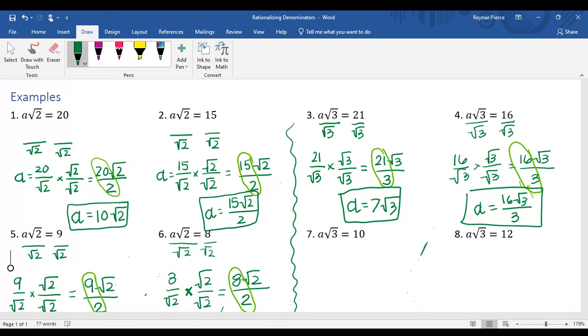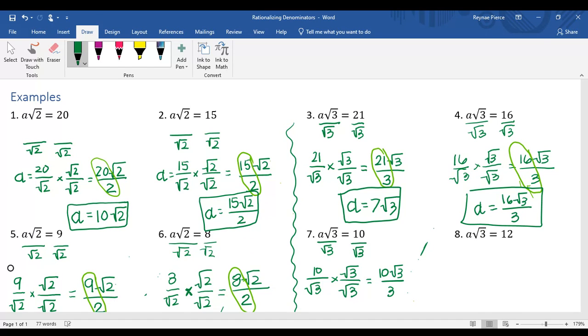Okay, number 7, we're going to take 10 divided by the square root of 3. Still multiply by 1, just looks a little different. In my numerator, I have 10 square roots of 3.